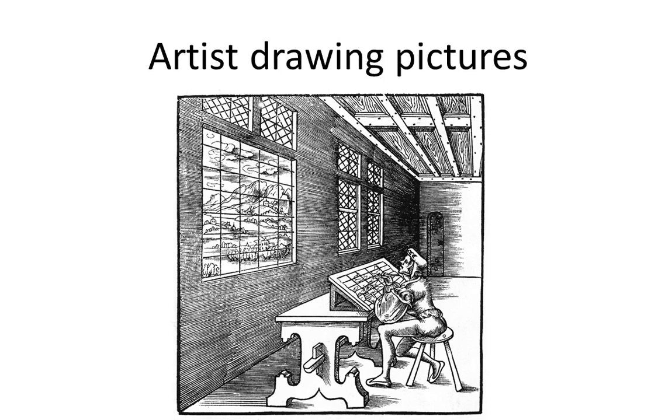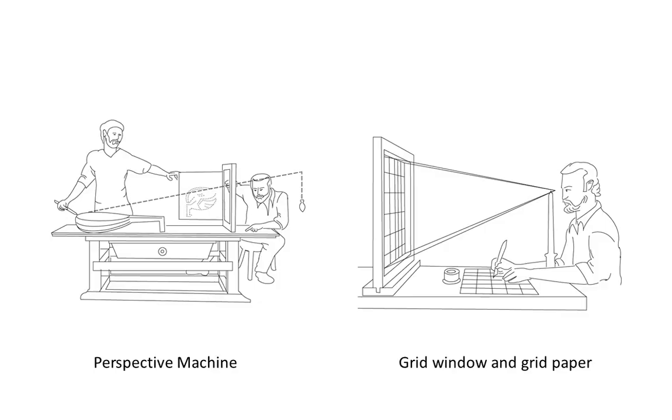Now here is a different example. The two pictures which you see on screen date back to the 15th century, and you can see how artists and designers used to make drawings of objects. In the picture on the left hand side, you can see a setup, called a perspective machine, developed by a scientist named Albrecht Dürer.